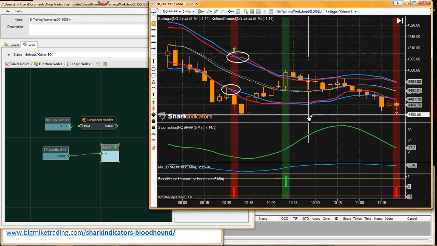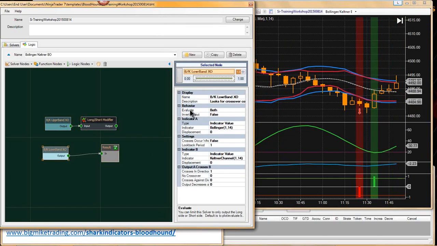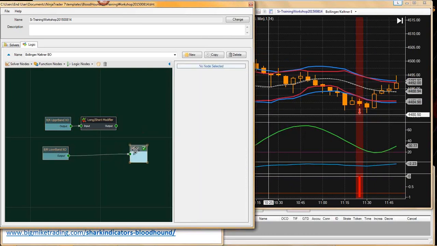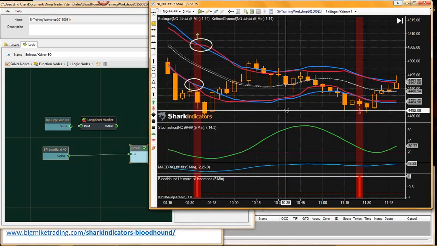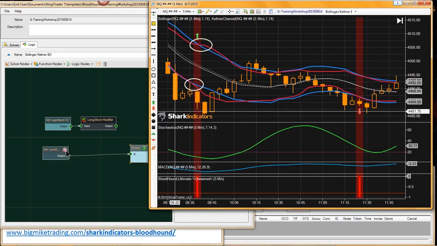So we want to get rid of these long signals here. So we're just going to do the same thing, change our evaluate to short only, like so. Right. And so there's our short crossovers only when the Bollinger breaks outside of the Keltner for the lower bands.